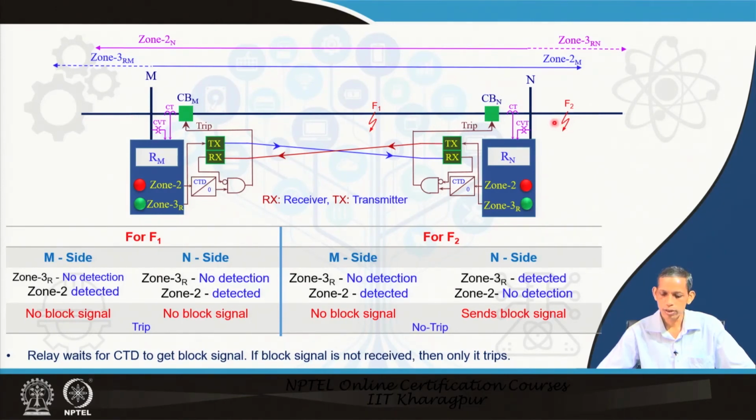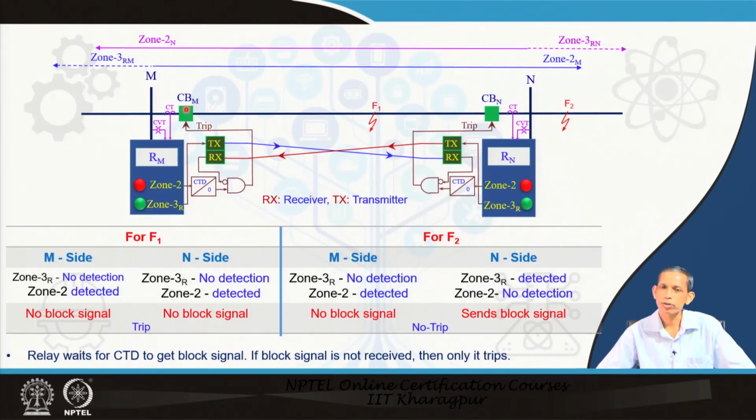So for F1, an internal fault to the line, zone 3 R has no detection, and zone 2 at the M site detects, which is what we have marked in red. At the N site, zone 3 R does not detect and zone 2 detects. So no blocking signal is transmitted to the other end, and zone 2 as usual will go for the trip decision.